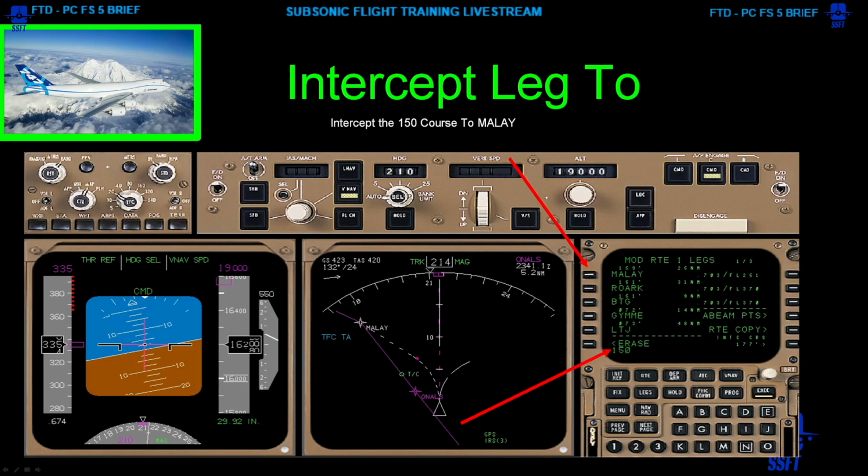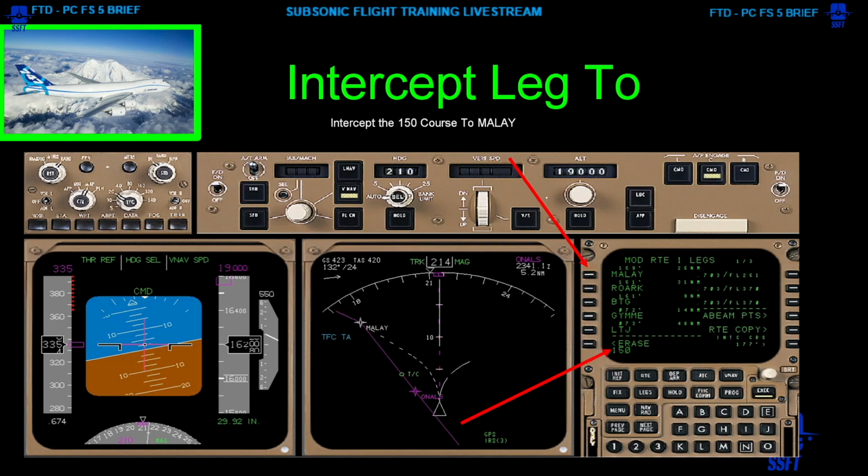Now, of course, if this was a VOR for some reason, let's say Malay was a Mike Alpha Lima VOR, and they gave us a clearance to intercept the 330 radial of Malay and track it inbound. Well, they'd be giving it to us in the form of a radial. And in that case, radials are always from at nav aids.